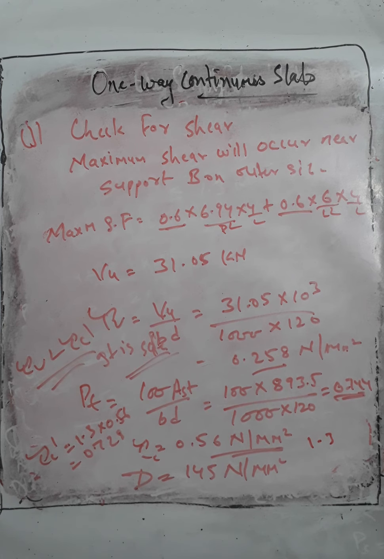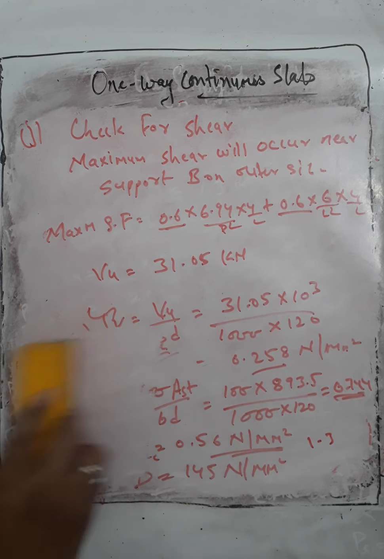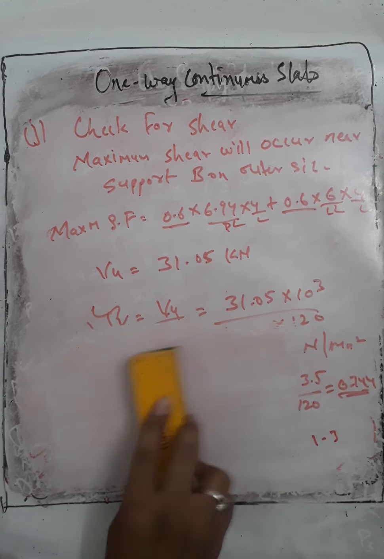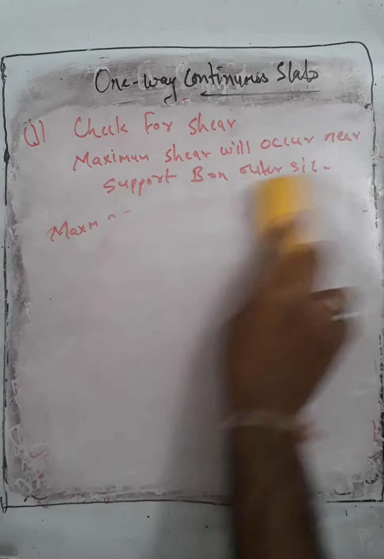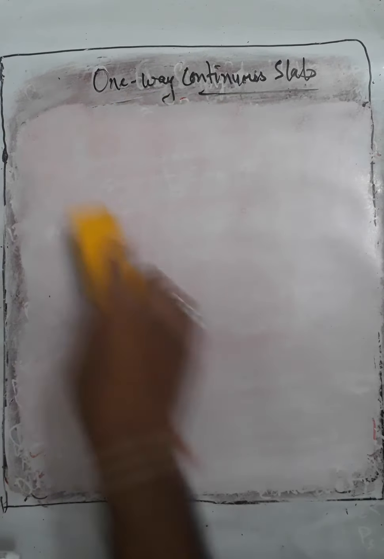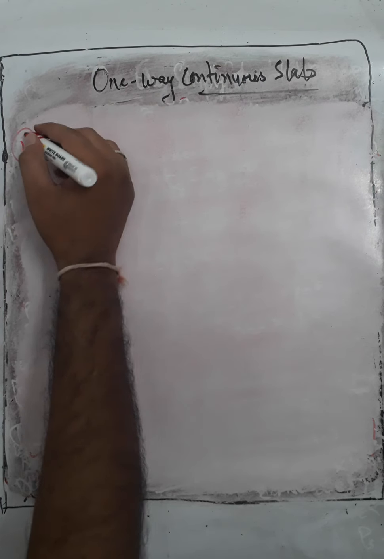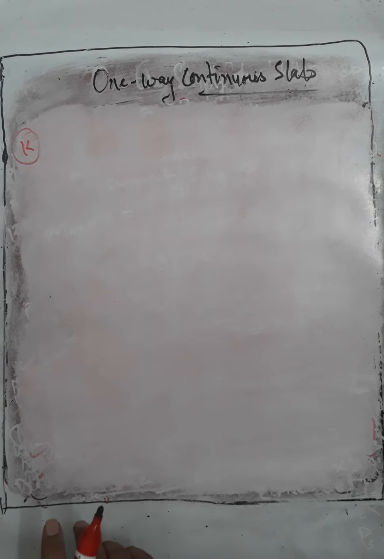At last you have to design the section. So let's design. We have to design the section. Okay, so we have 2 span beam.